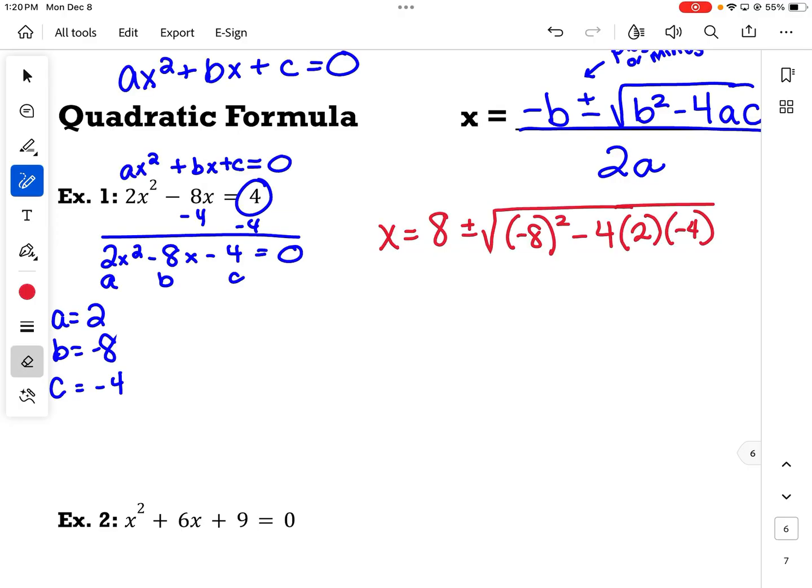C is negative 4. All over 2 times a. So 2 times 2.